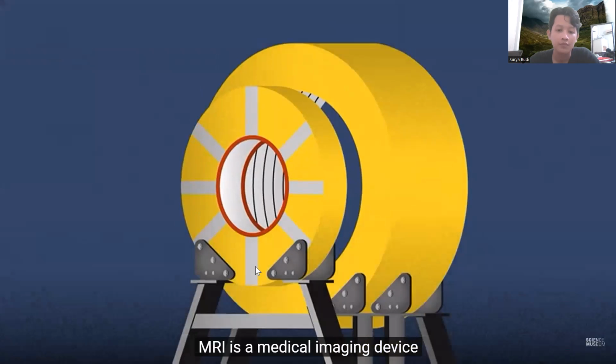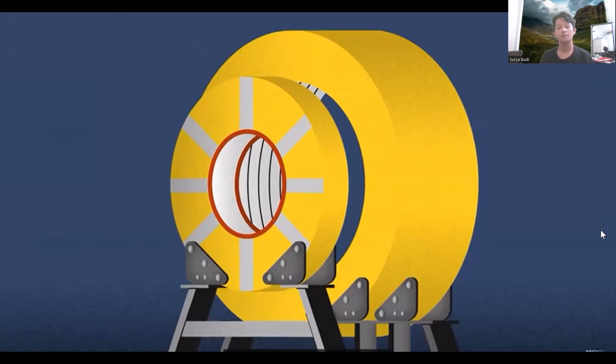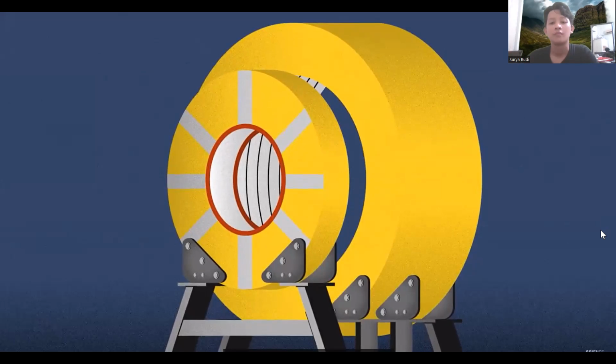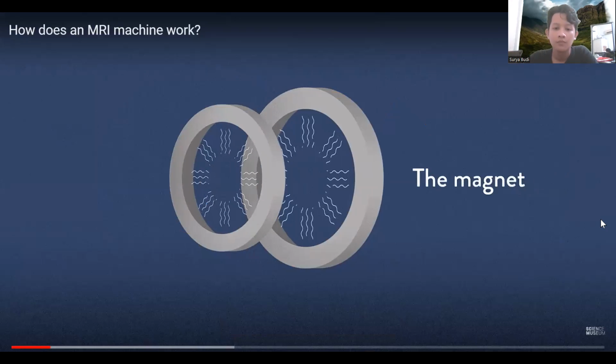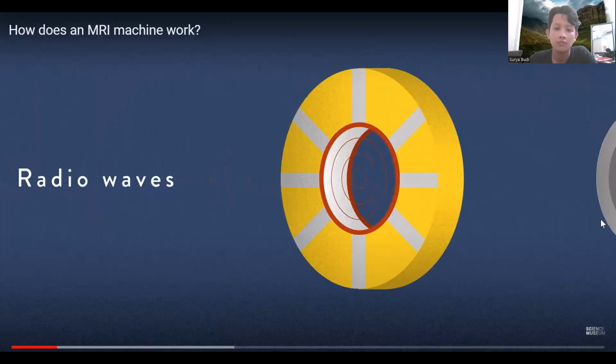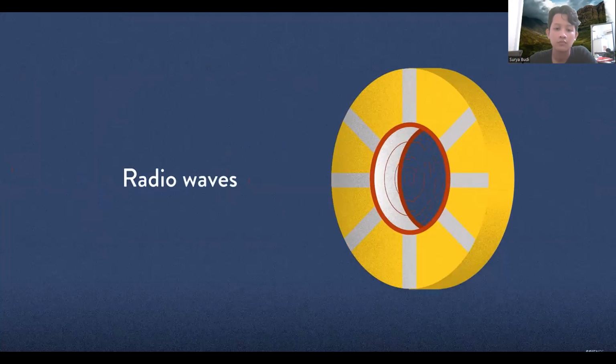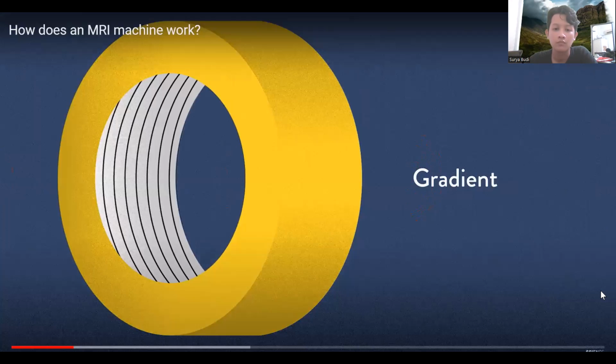MRI is a medical imaging device commonly used to examine the soft tissues of the human body. Let's meet the machine. The key components are the magnet, radio waves, gradient, and a computer.